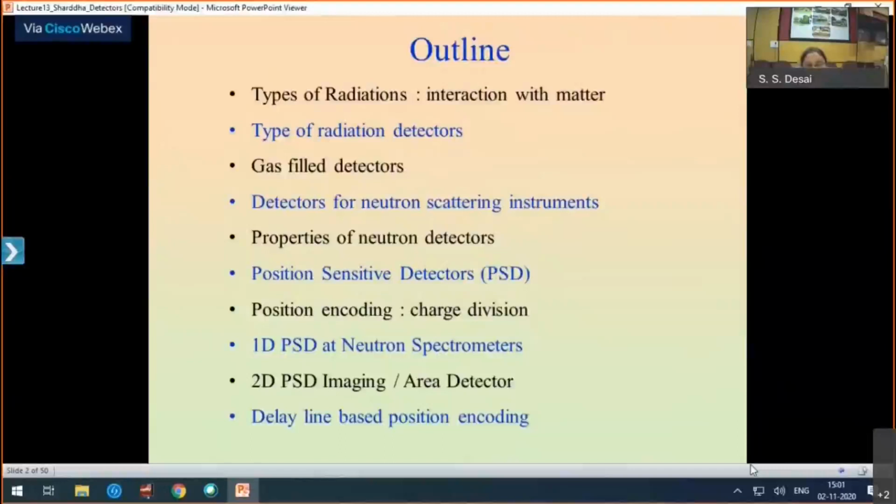These radiation detectors also vary by the principle of their interaction with matter, either scintillation or gas-filled detectors. Gas-filled detectors have some advantages, so we will be using these gas-filled detectors for all neutron scattering experiments, and all the detectors used right from the beam monitor to the scattered neutron ends of the experiment.